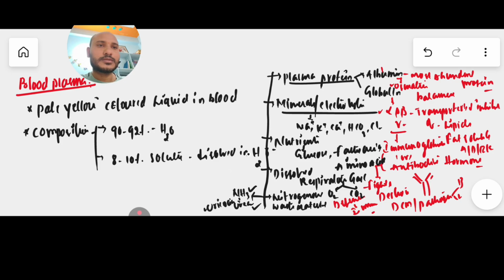Along with this, one more very important component of blood plasma is the presence of blood clotting factors.